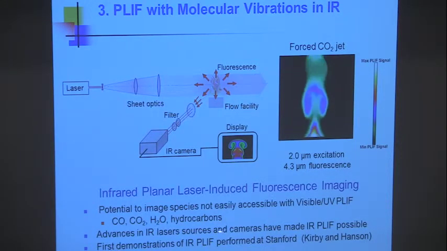So advances in infrared lasers have made this possible. We had to buy some special infrared cameras. At that time, they were pretty unique: microsecond resolved infrared cameras, indium antimonide cameras. They were pretty expensive at the time. It's hard to get a camera that works at 4 microns.